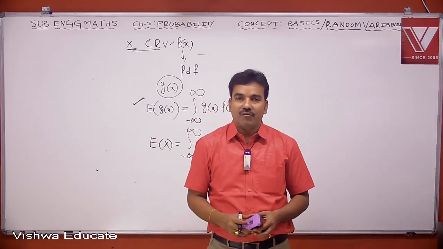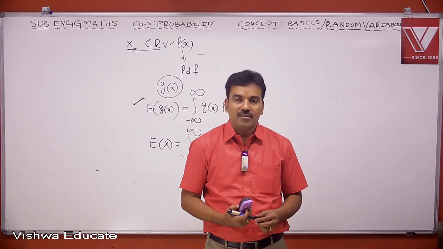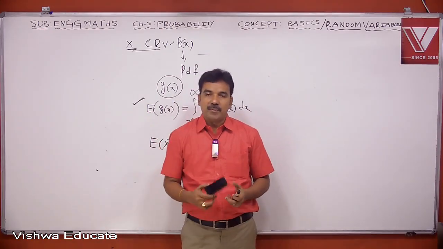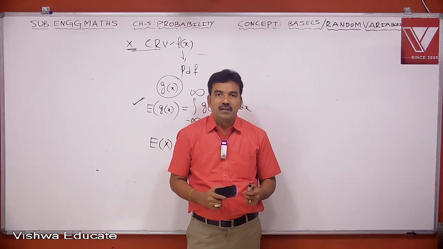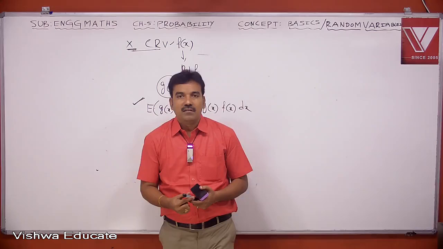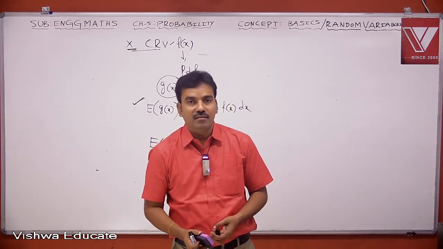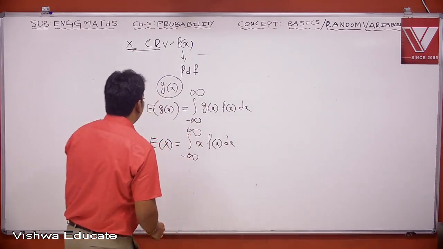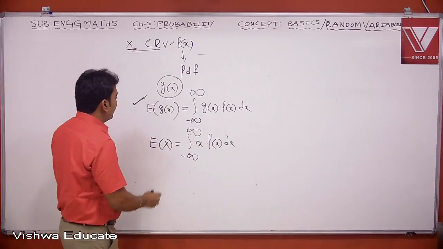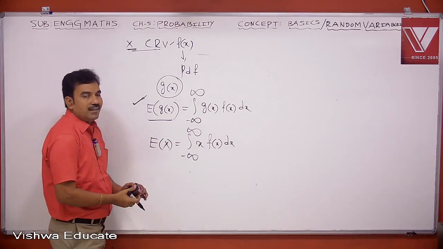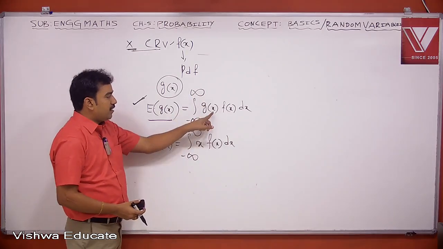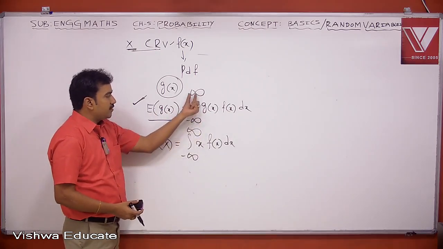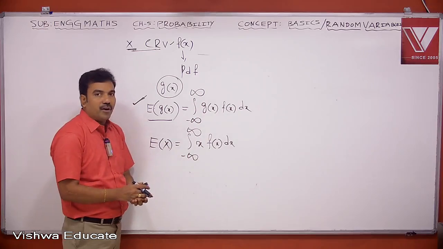If x is a CRV with a PDF f of x, and g of x is any function, then E of g of x equals integral minus infinity to plus infinity g of x into f of x dx.